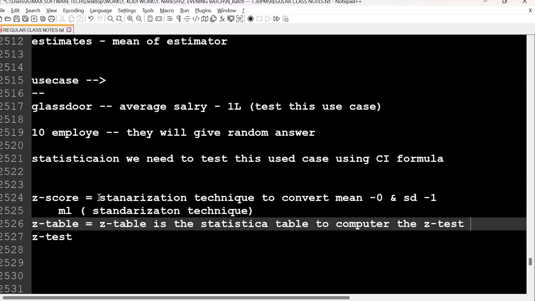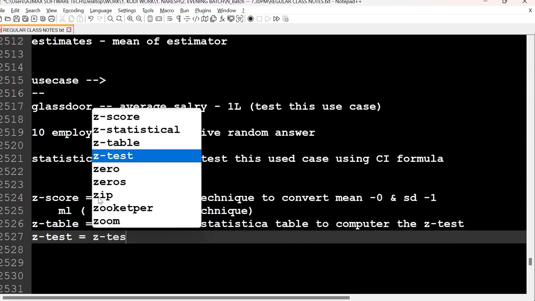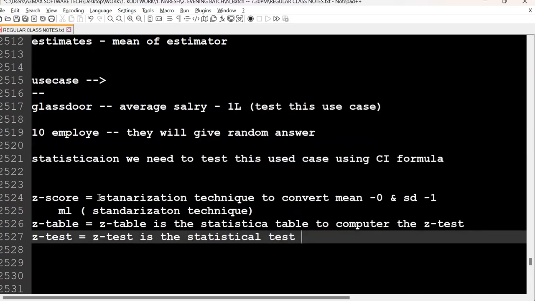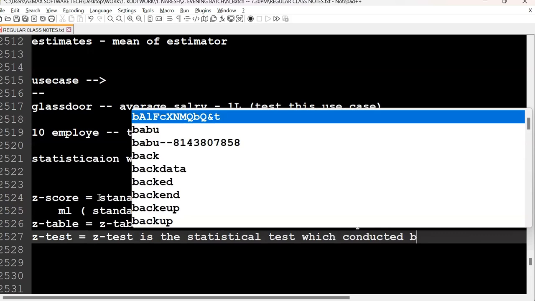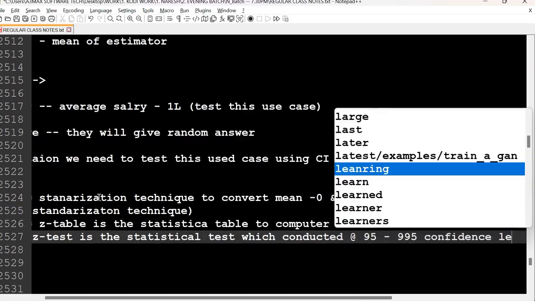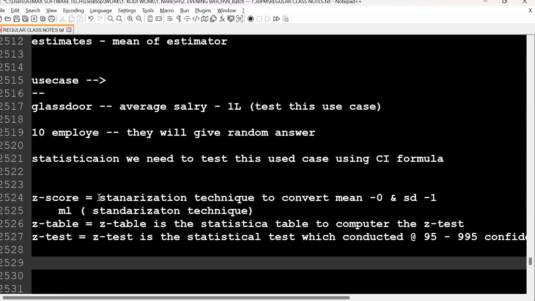All right, guys. Z test. The Z test is the statistical test conducted by statisticians at 95 percent and 99% confidence level. Guys, are we clear or not?